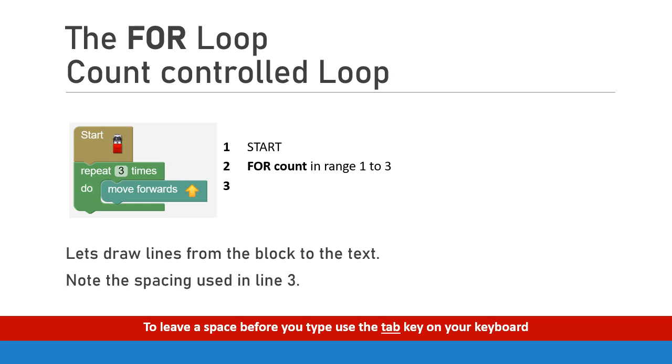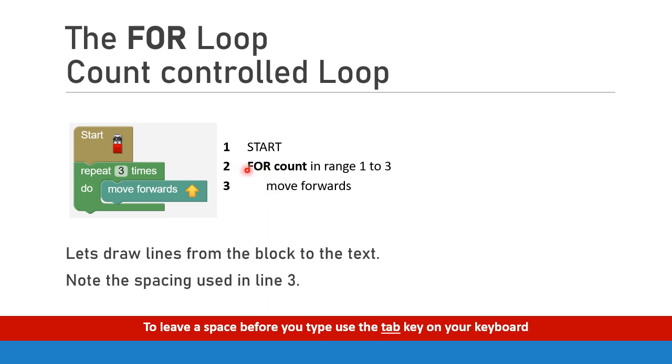The instruction goes on line 3, so it's moved forwards. The only difference is that it's indented. That is, that it's moved away from the start of the line. The reason we do this is so the computer knows, or that we know, what actually needs to be repeated is indented, just there.